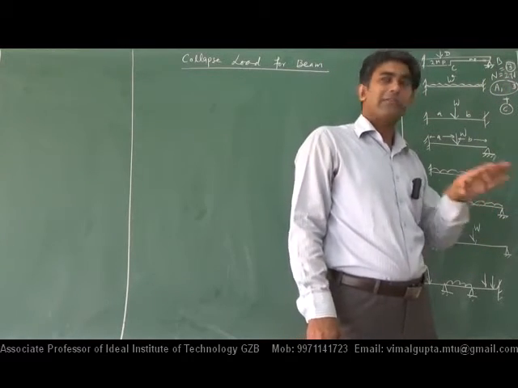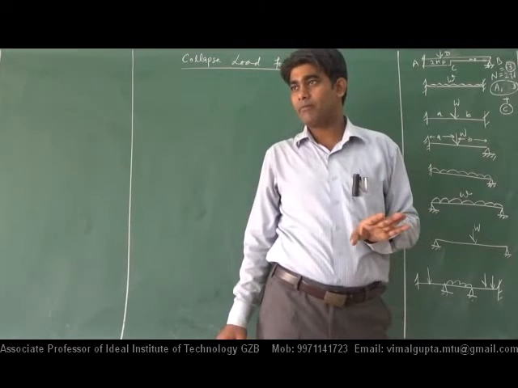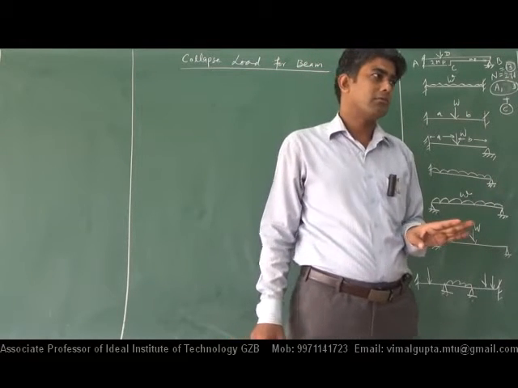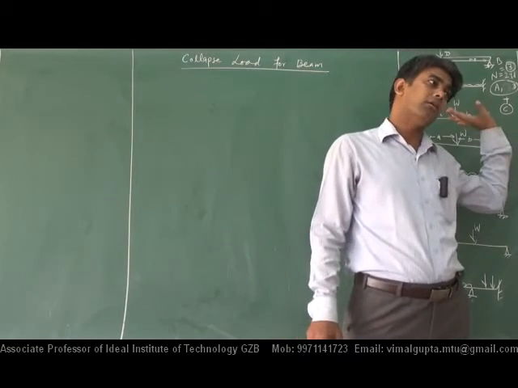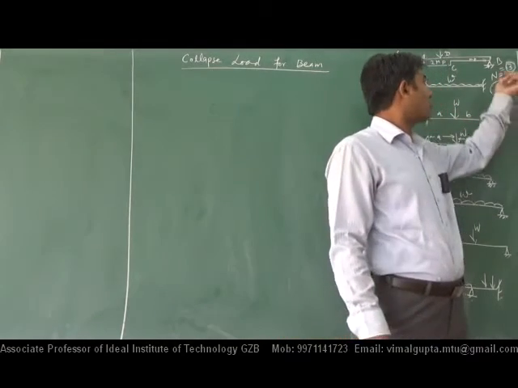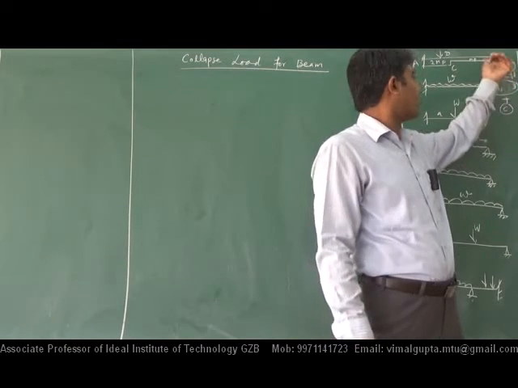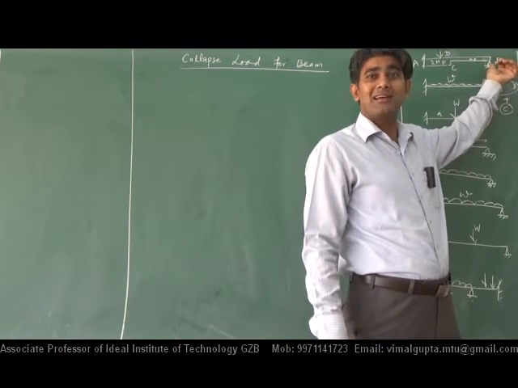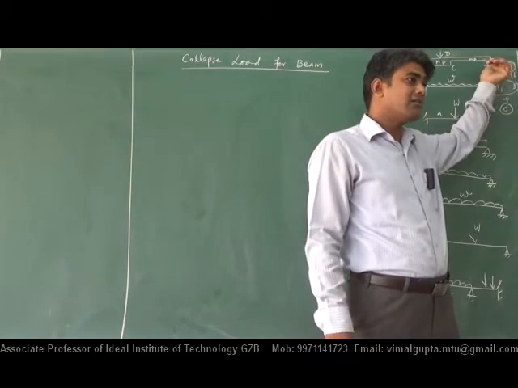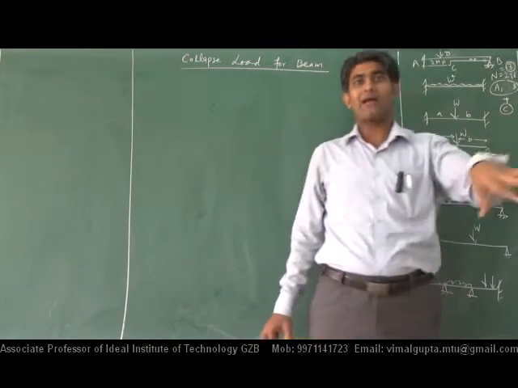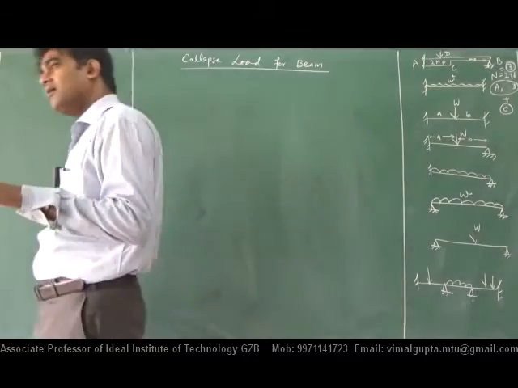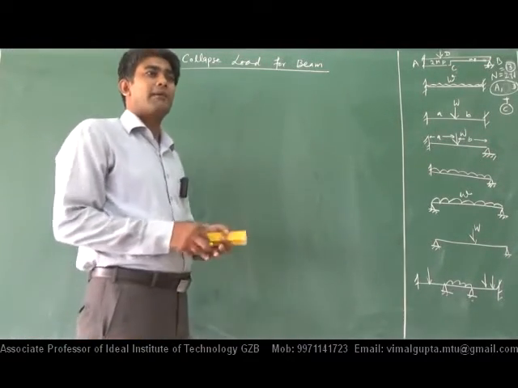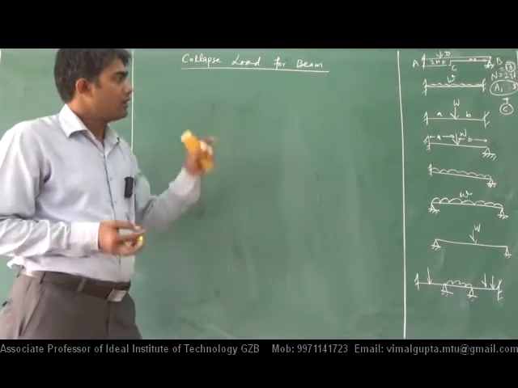I welcome such type of argument. You are most welcome to ask. Sir, how is it possible? You should ask: how will it be possible to have the plastic hinge at point B? Such type of discussion is required, and I welcome that type of discussion.